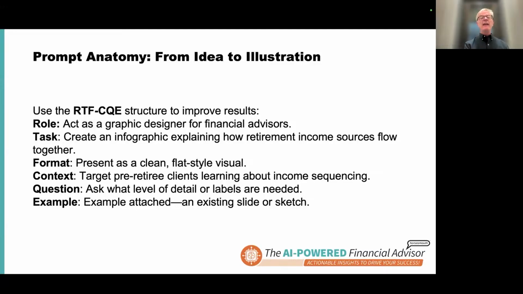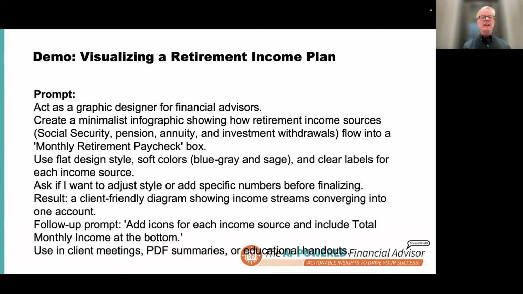You invoke a role: act as a graphic designer for financial advisors. Task: create an infographic explaining how retirement income flows. Format: make it presented in a clean, flat style. Context: you're targeting pre-retiree clients learning about income sequencing. Question: ask what level of detail or labels are needed. We're asking the AI to ask us some questions so it can refine the image. And then you can add examples as needed.